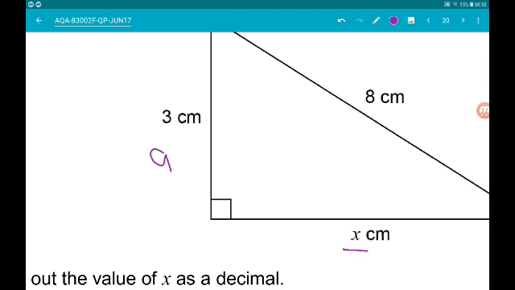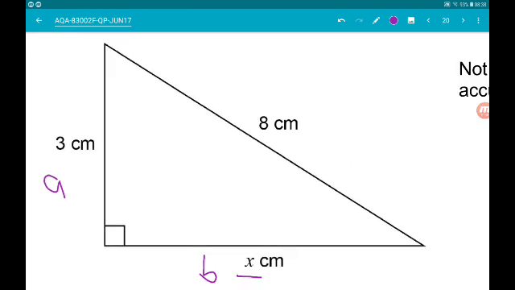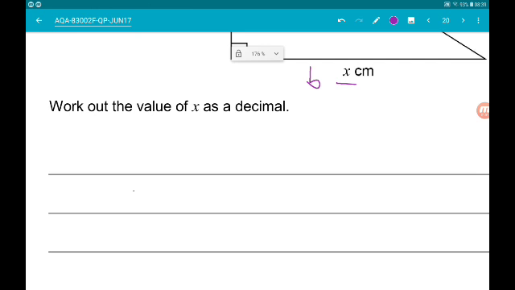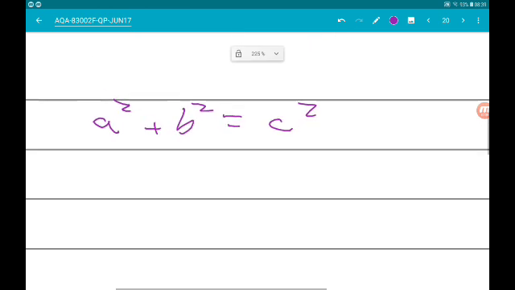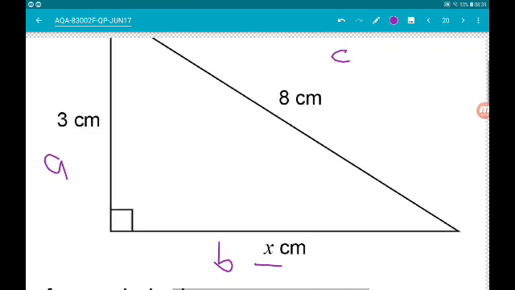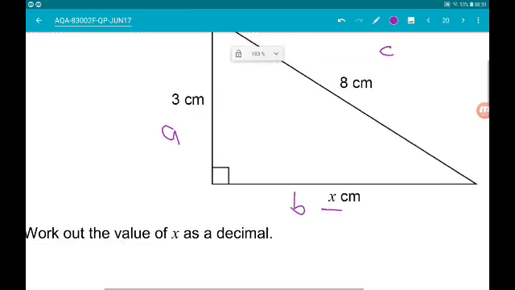If we call this side A, this side B, and the hypotenuse C, Pythagoras tells us A squared plus B squared is equal to C squared. We want B, so taking away the A squared, we get B squared is C squared minus A squared. So that's going to be 8 squared minus 3 squared.